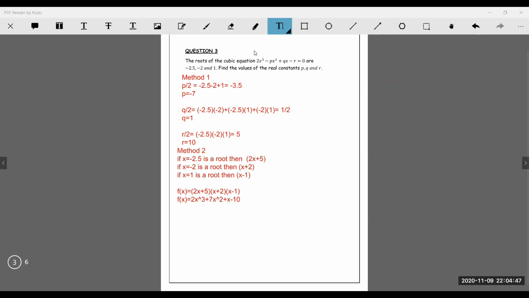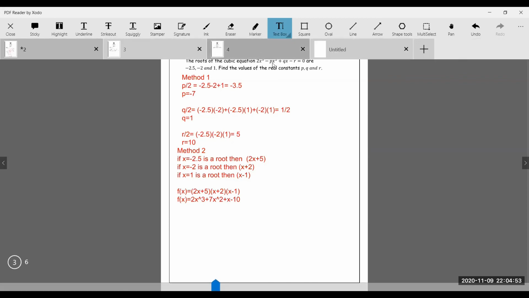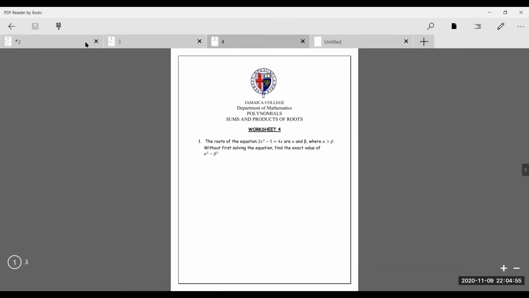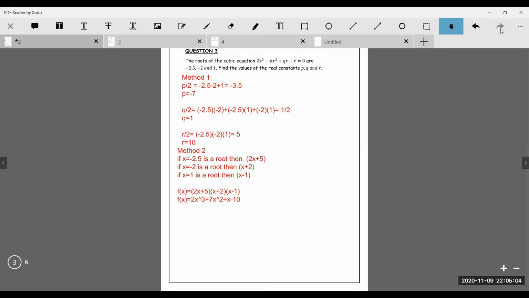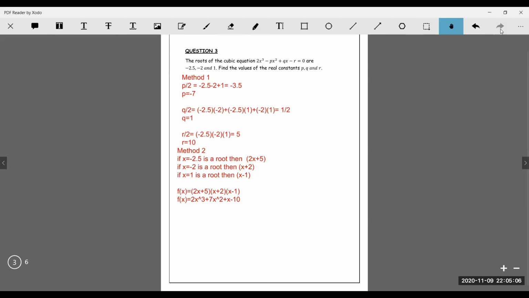I'm going to copy it right here, so we'll see what's going on. This is what we're getting that the function is equal to.